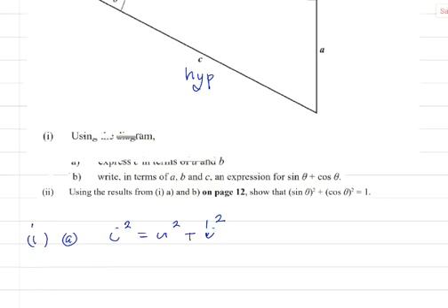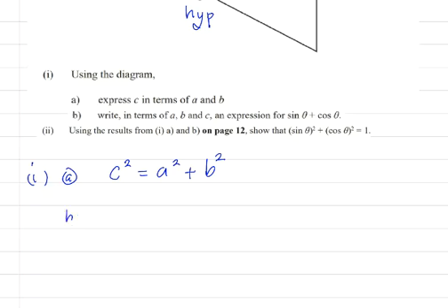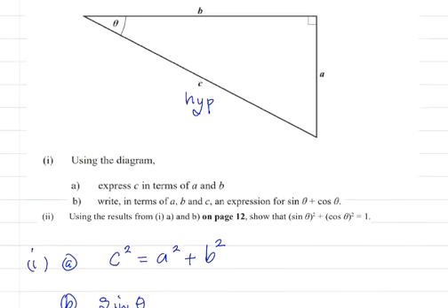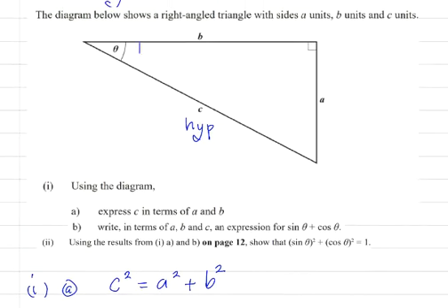So (i)B, first of all, sine theta. Now, this is our angle theta here. All right, that's our angle theta. The side A is opposite to theta, and the side B is adjacent to theta.